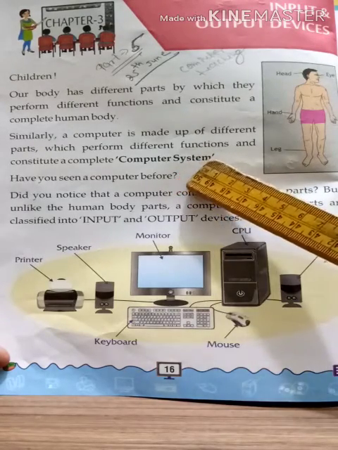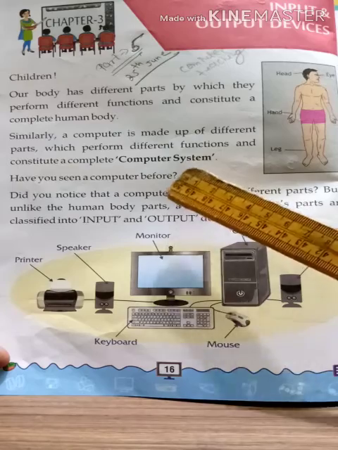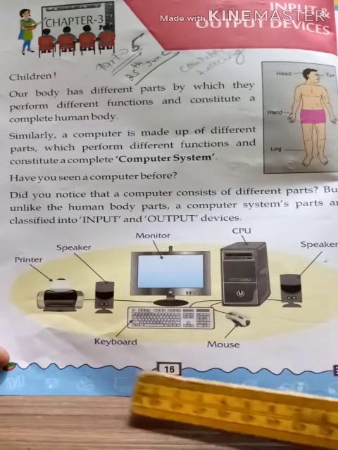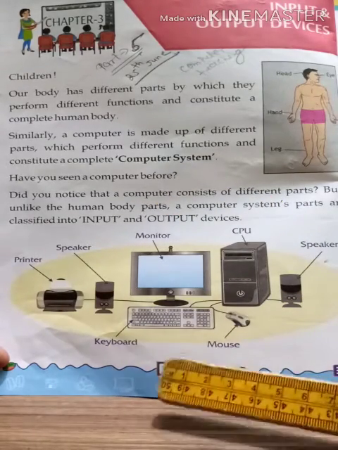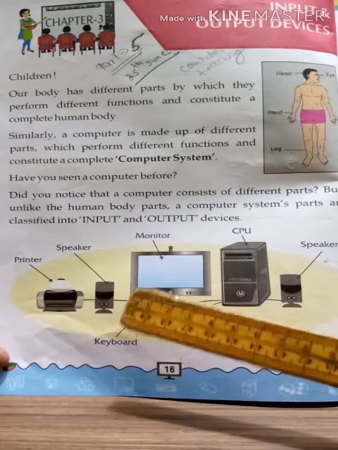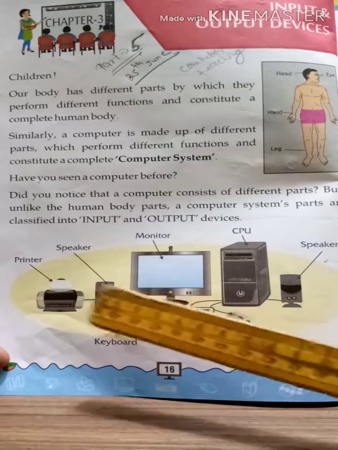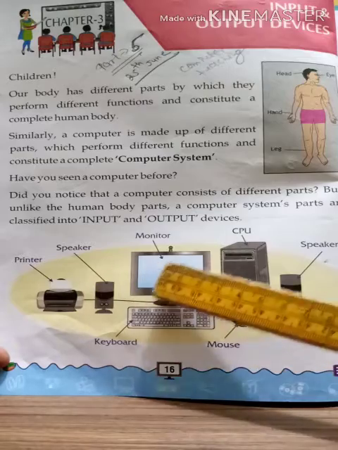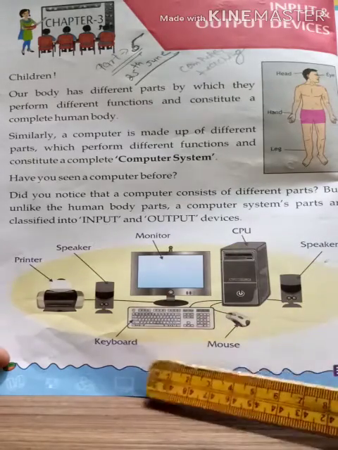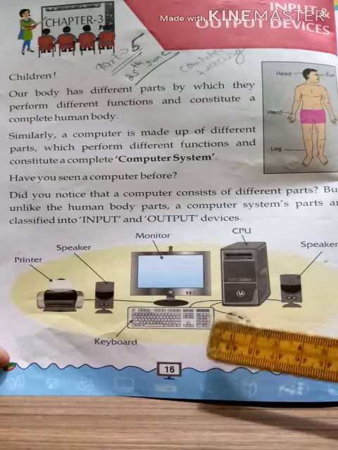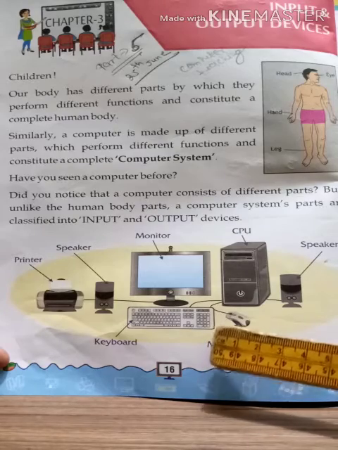If you remember, in class 1 you have learned about the computer system. In this computer system we are going to learn different parts of computer and their uses. What are the uses of all those different parts of a computer system?